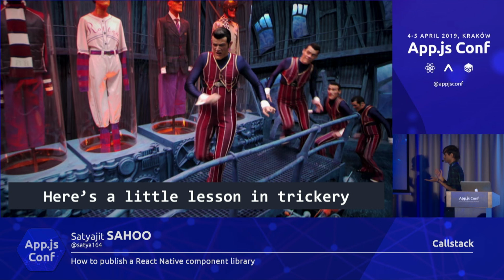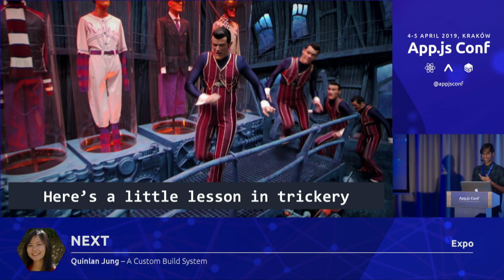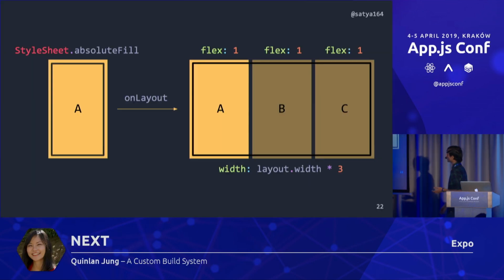I had this issue in a library I built, React Native Tab View. So how I handle it is, say you have 3 screens in a tab, right? What I do, I don't render all of the 3 screens because I need the width of the screen to render those. So I only render one. I put it absolute fill, so it fills the whole screen.